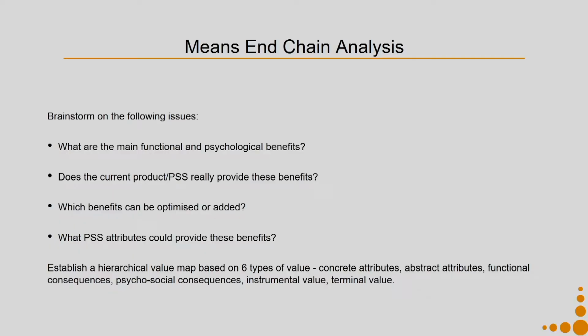Before doing this analysis, first in the team we brainstorm on some issues. First, what are the main functional and psychological benefits? From the freshwater PSS, the main functional benefit is safe drinking water.